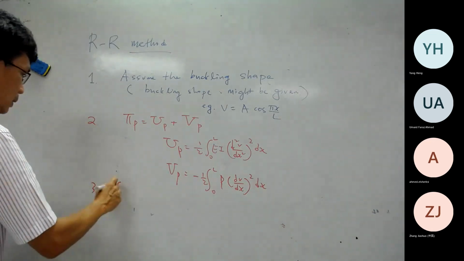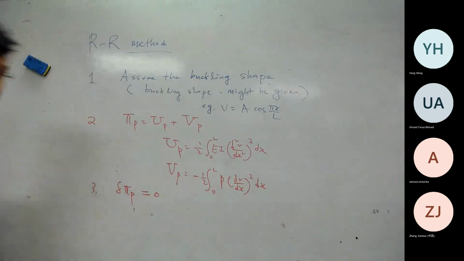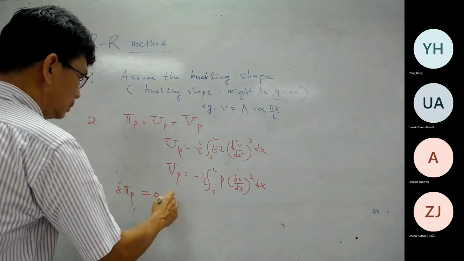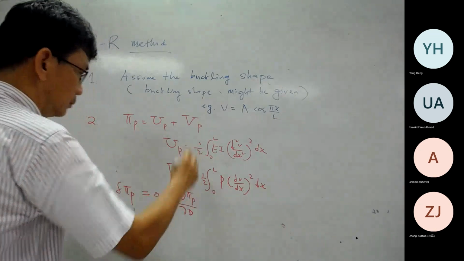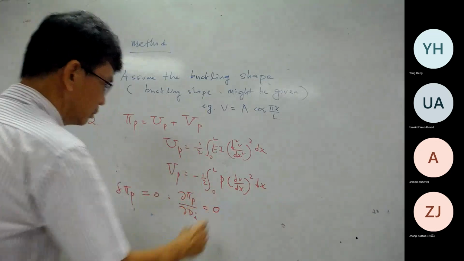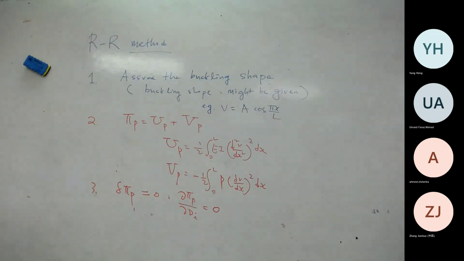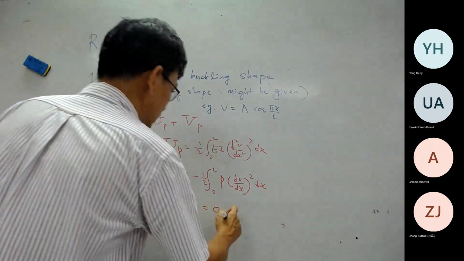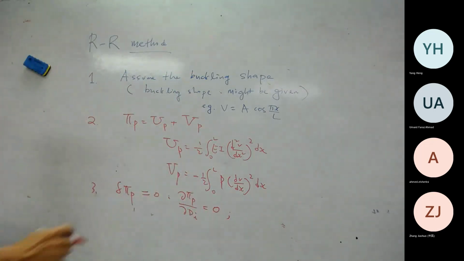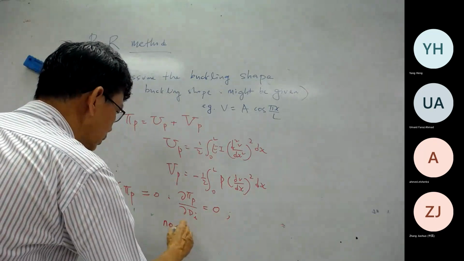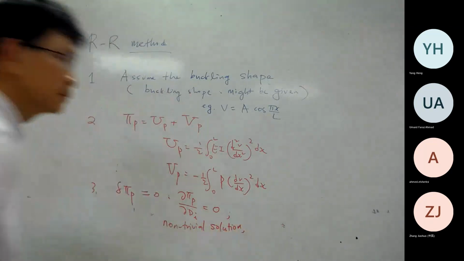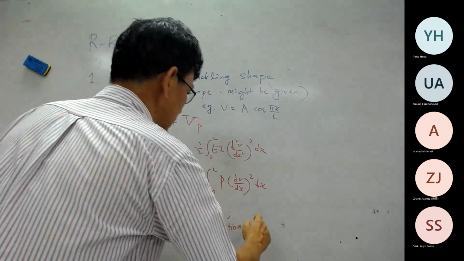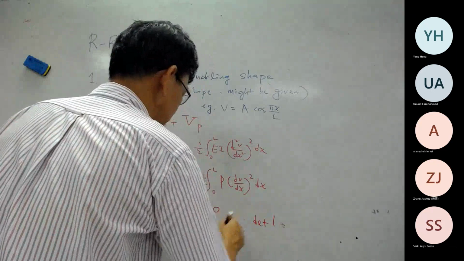Then what we do is we apply the principle of minimum potential energy. Then we have del pi P, del the degrees of freedom, whatever degrees of freedom that we have, equal to 0. And from there, we are going to apply the non-trivial solution, which is the determinant of whatever that we get.